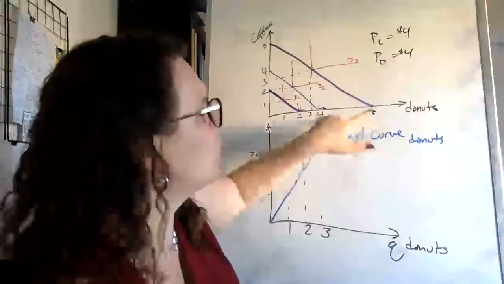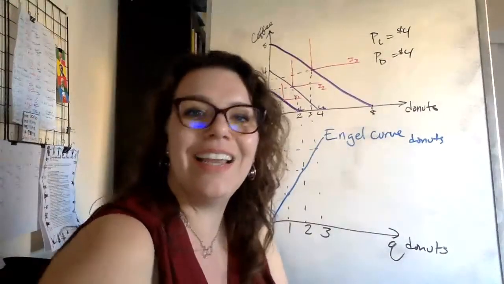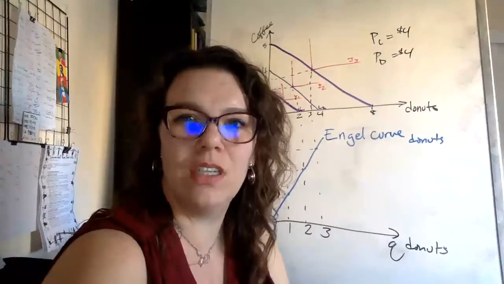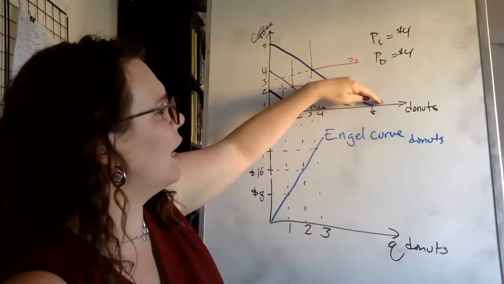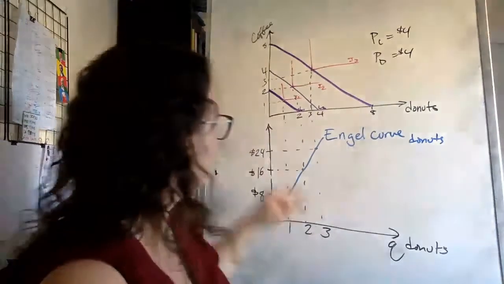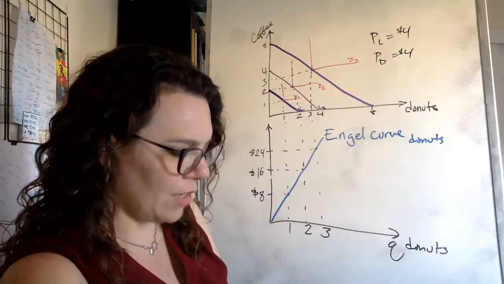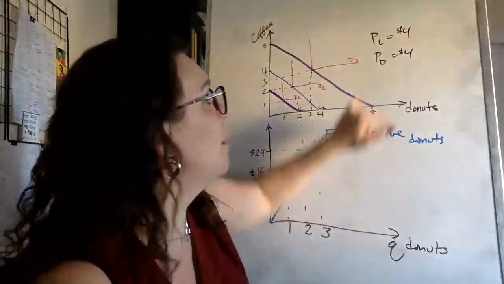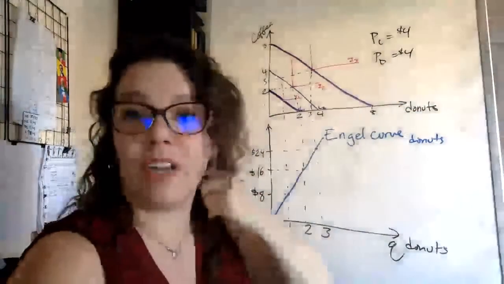So if we increased Hugo's income from $24 to $28, he couldn't buy 1 more of each. And so he wouldn't be better off. Does that make sense? So if we increased Hugo's income from $24 right here to $28, and we divided that $28 by 2, and then divided the $14 by the price of a donut and the price of a cup of coffee, we'd get 3.5.